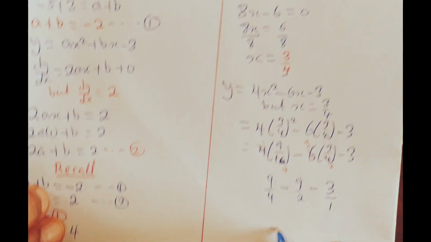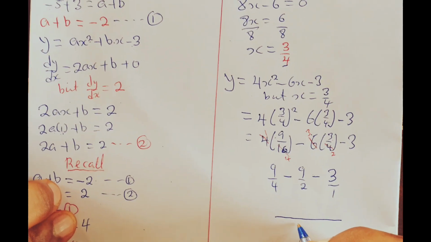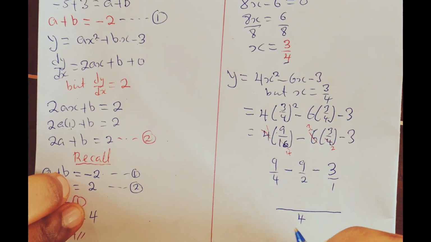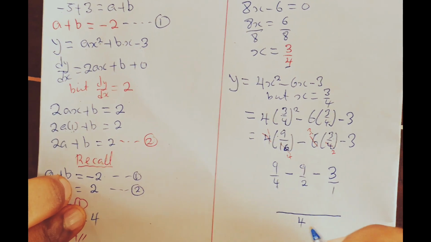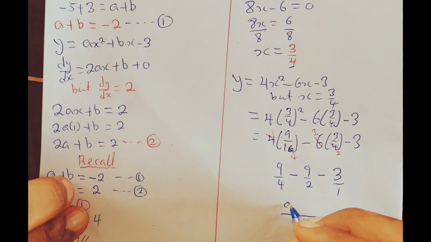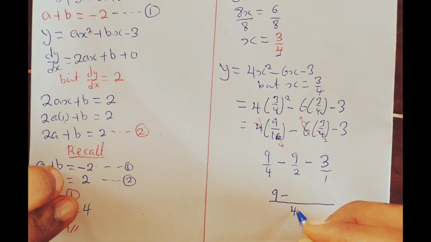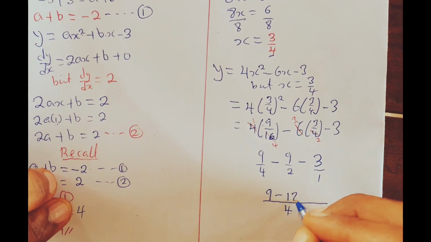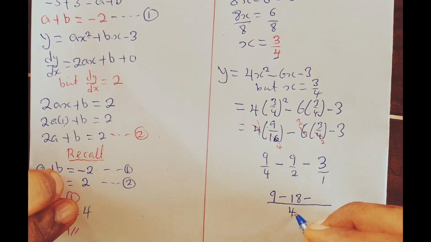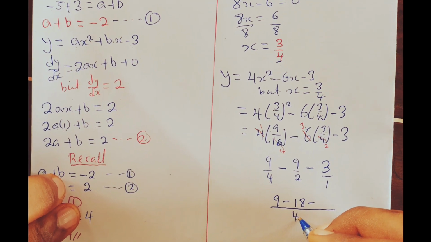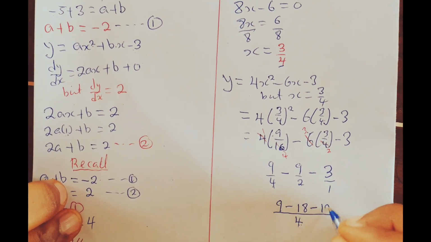Let me find LCM. The LCM will be 4. 4 into 4, 1. Times this will still give me 9. 2 divides 4 by 2, 2 times. Times this will give you 18. Minus 1 will go into 4, 4 times. Times 3 is 12.